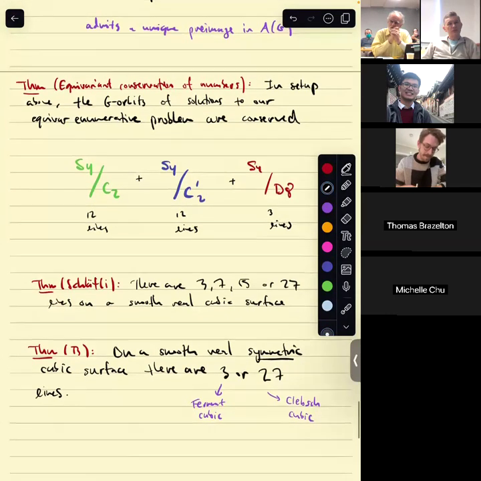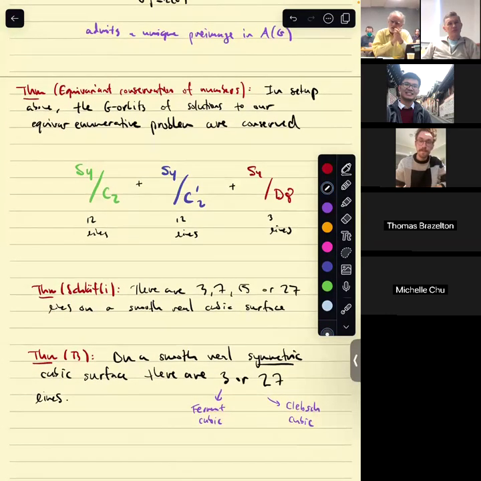And I'm wondering, is what you're doing realizing S4 as a subgroup of the Weyl group E6, and then seeing how those orbits decompose, which is a question of double cosets between that S4 and the stabilizer of one of the lines in E6? Is that the same calculation? So it becomes a group theoretic calculation of double cosets, if you will.